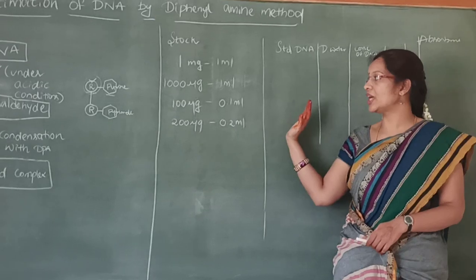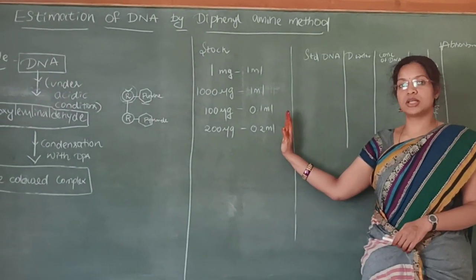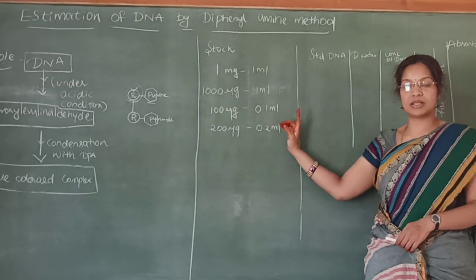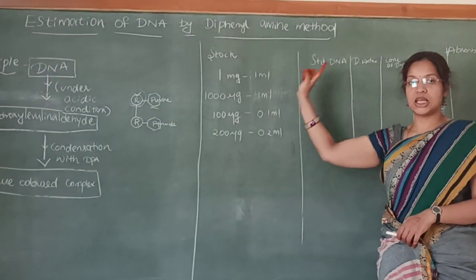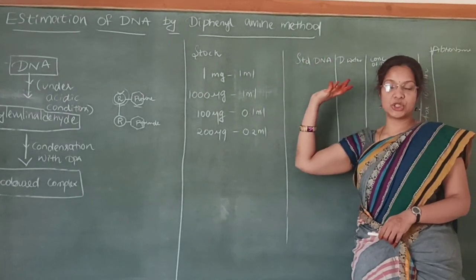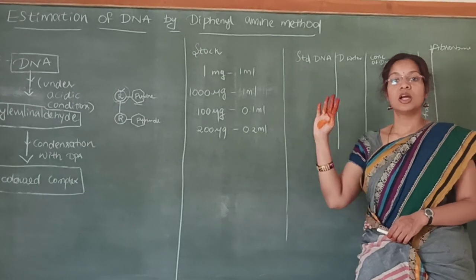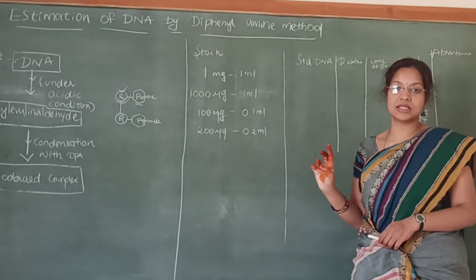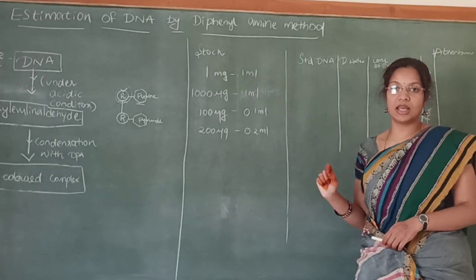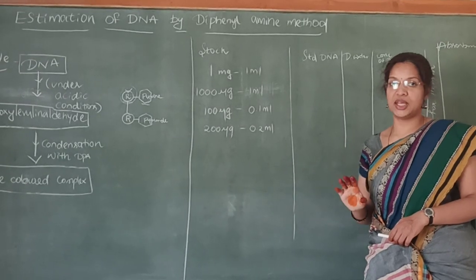Now we shall move to the experimental portion. In the experimental portion, you need to first prepare the reagent, that is diphenylamine. Preparation of this diphenylamine reagent will be done by using both glacial acetic acid and also sulfuric acid. So you need to be very careful while preparing the reagent.